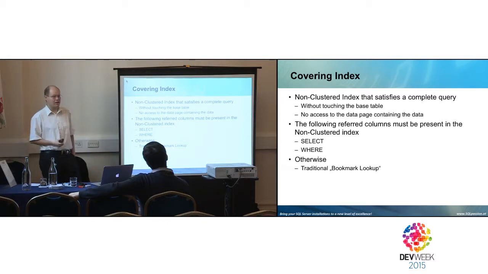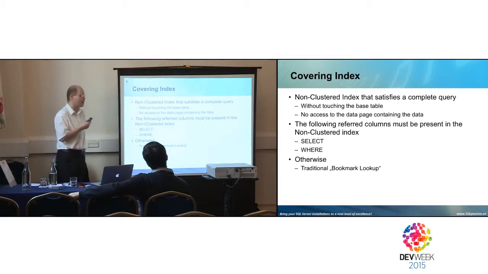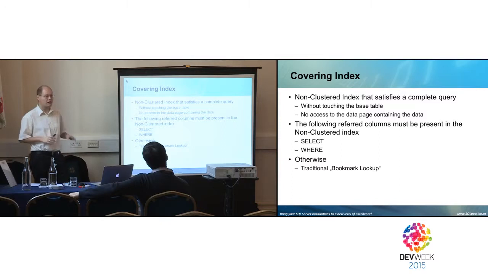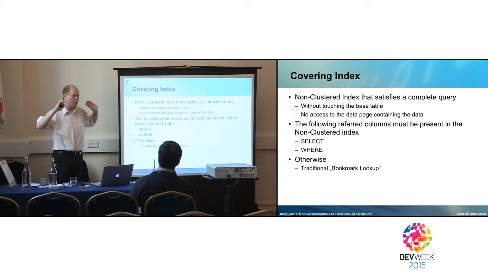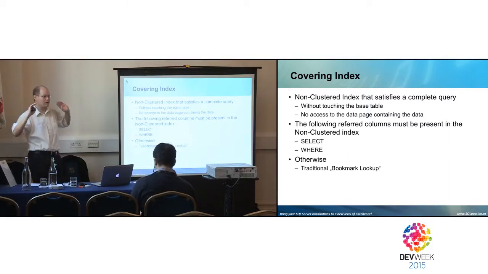As we will see later, we can eliminate bookmark lookups very easily in SQL Server by creating a so-called covering index. A covering index in SQL Server is just a traditional non-clustered index which contains all the columns that we are requesting in our query.